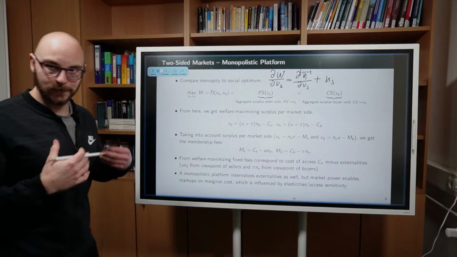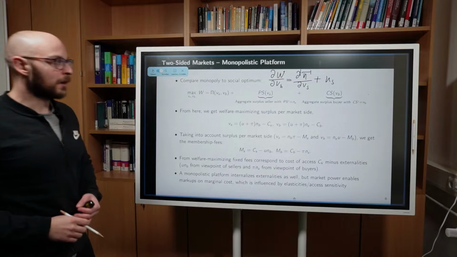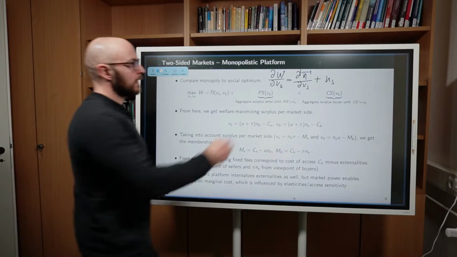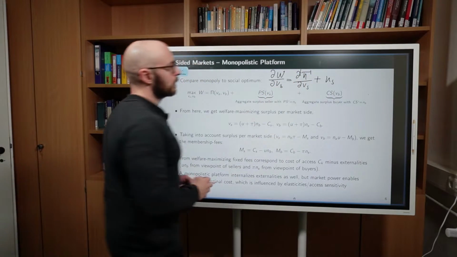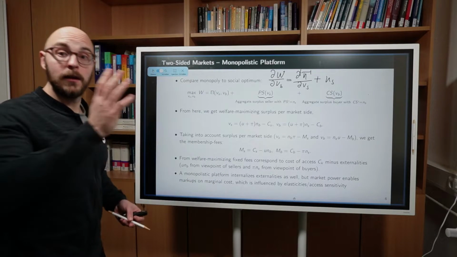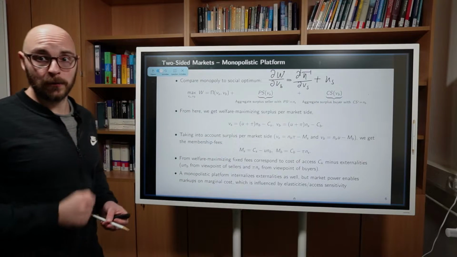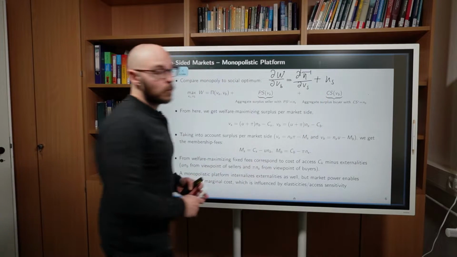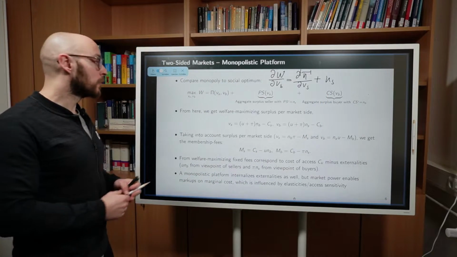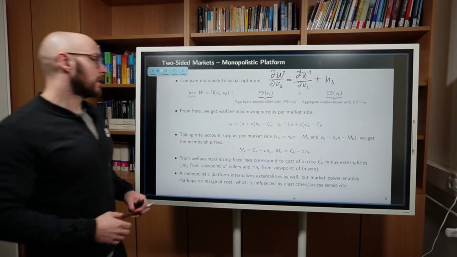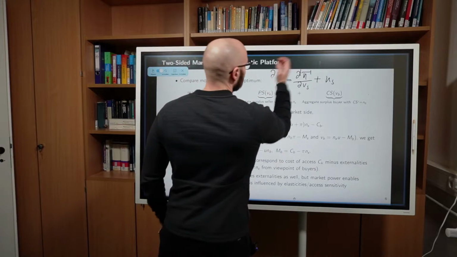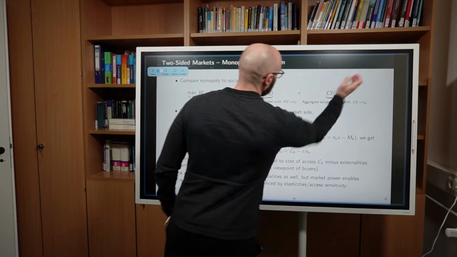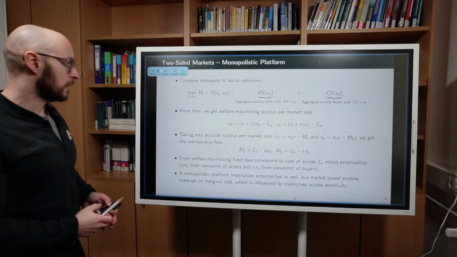So recall what we did a few minutes ago when we differentiated the platform profit function with respect to Vs. Now all you do is look at the first order condition and add Ns to the left hand side here, right? And you see that this has an effect on the surplus on each market side.